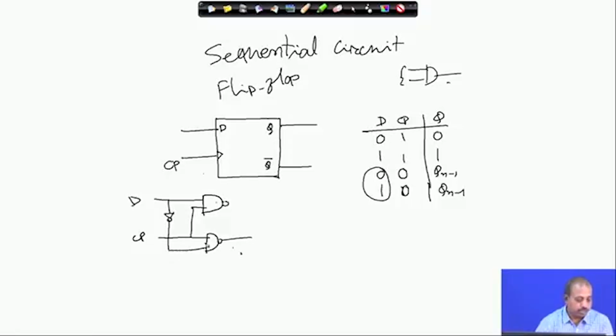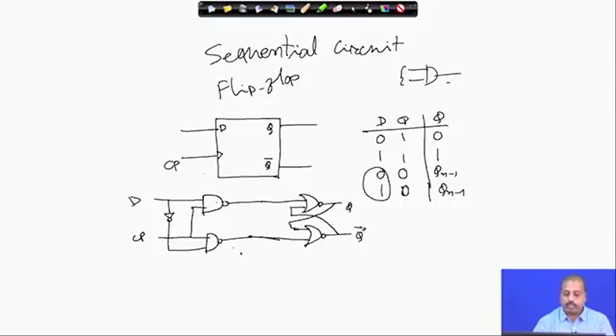And then there are two cross coupled NOR gates to realize the Q and Q bar lines. So, this is connected like this. This is Q and this is Q bar.